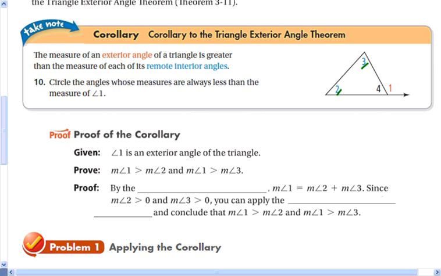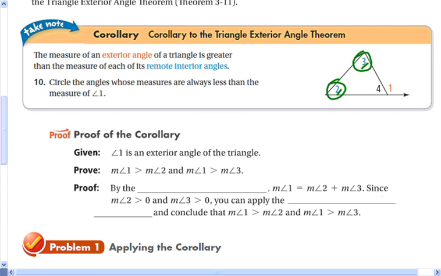But now, since we know both 2 and 3 are greater than 0, we can say that 1 will be greater than either one of those two angles. So 2 and 3 are both less than 1.